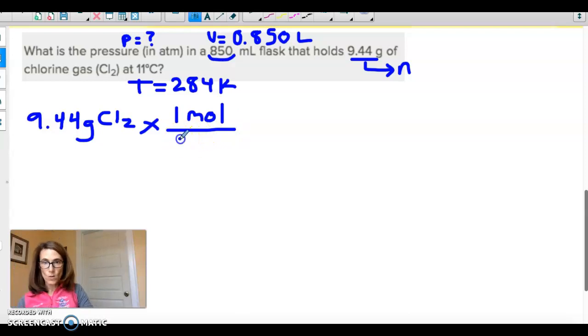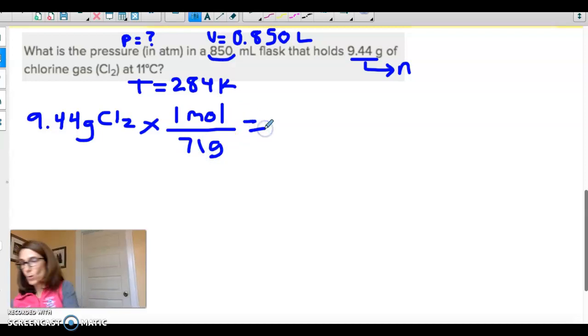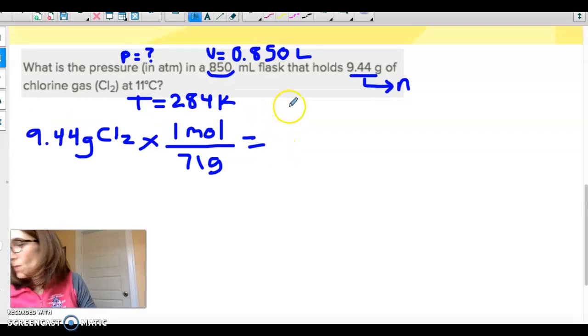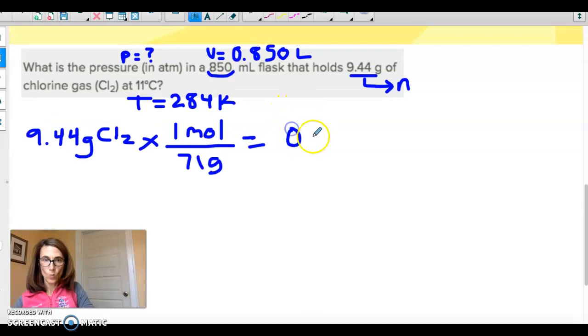So that's 71 grams per mole. Okay, so essentially we take our 9.44 and divide by 71. And our moles comes out to be 0.133 moles. So that's our n value.